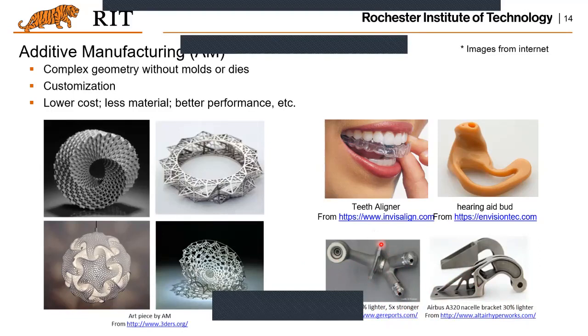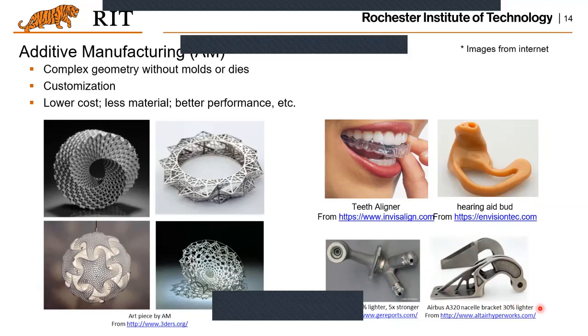The reason is this part is printed in whole instead of 27 parts assembled together, which greatly improves its performance. I will introduce this example later on, but you will see the difference between additive and traditional manufacturing, and the design will be different as well.